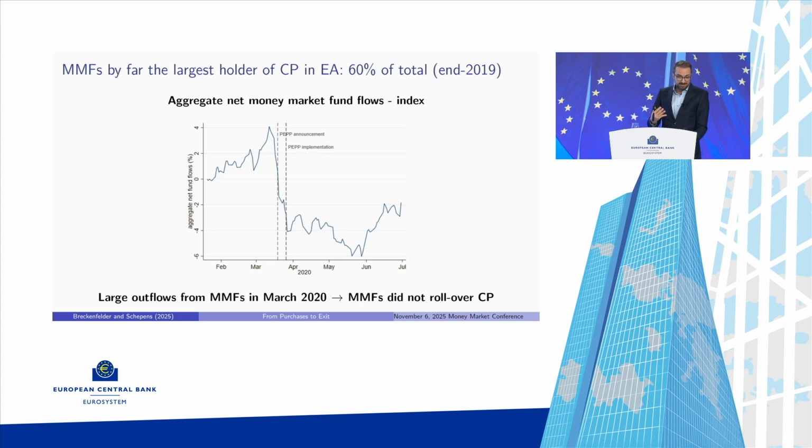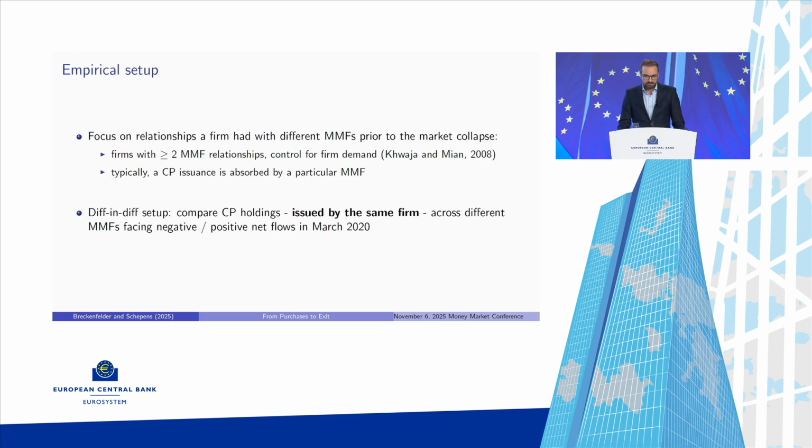Also, after the intervention, the flows didn't come back. So it stayed for quite some time at this level. During this crisis, money market funds, in fact, did not roll over their commercial paper.